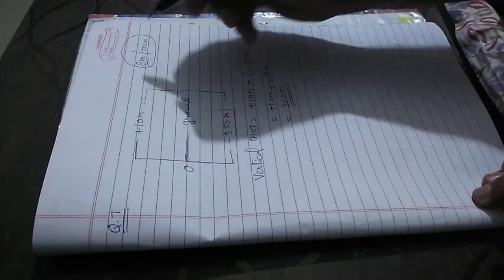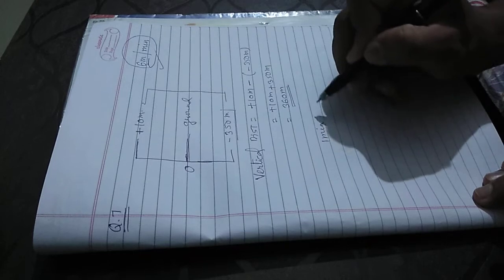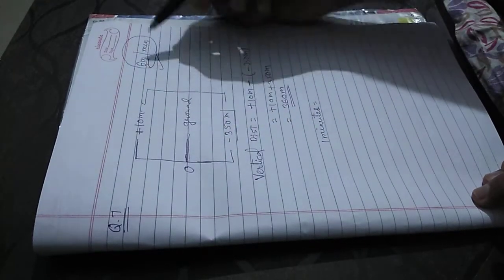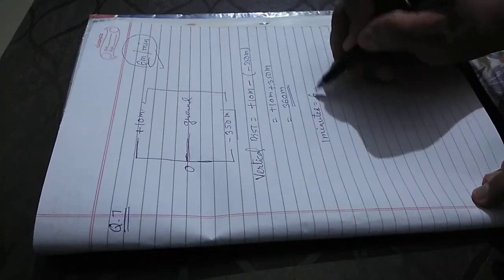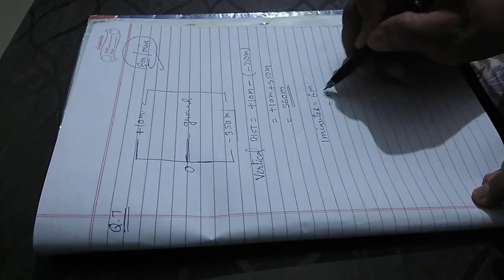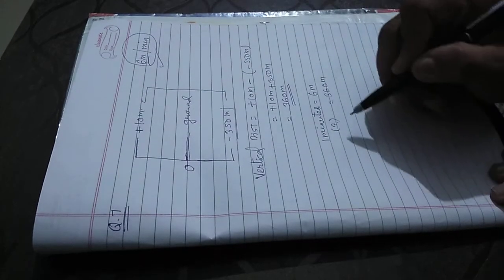So the rate is given: the elevator descends 6 meters in 1 minute. Here 360 meters, so how long will it take?